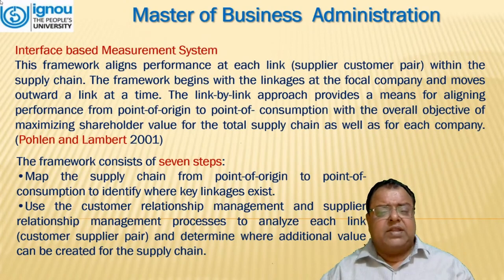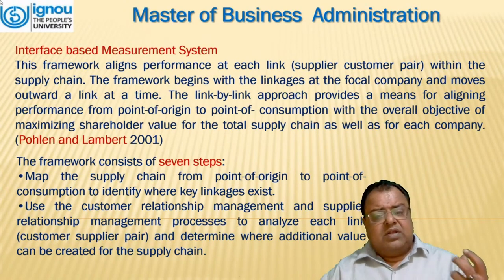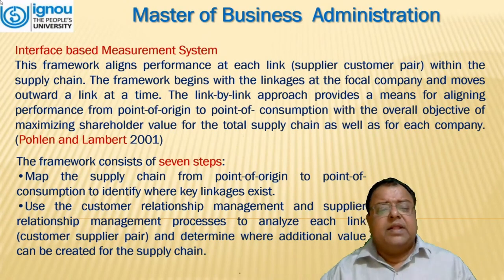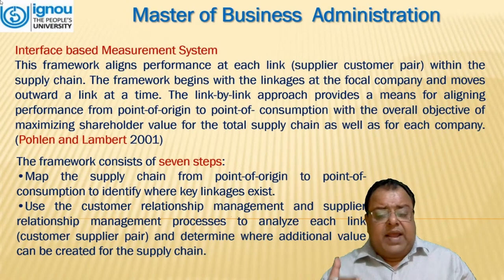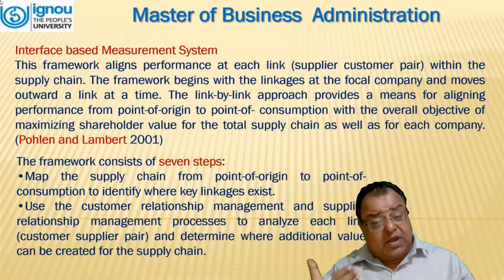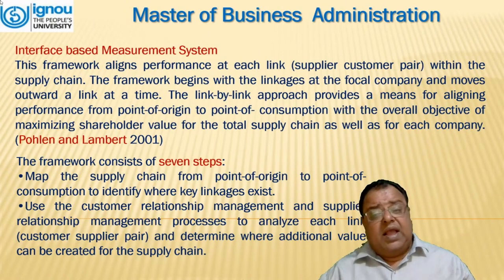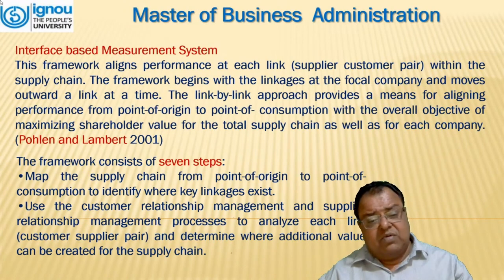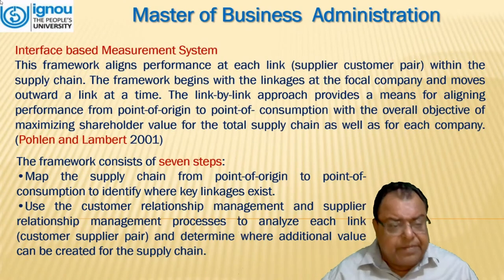The framework begins with the linkage at the focal company and moves outwards a link at a time. The link by link approach provides a means for aligning performance from point of origin to point of consumption, with the overall objective of maximizing stakeholder value for the total supply chain as well as for each company.